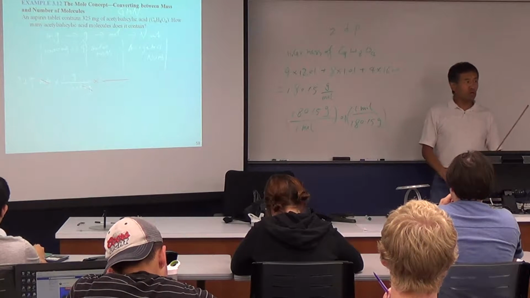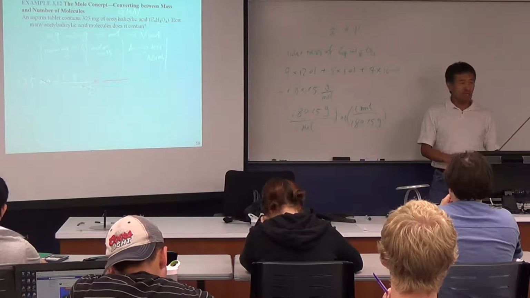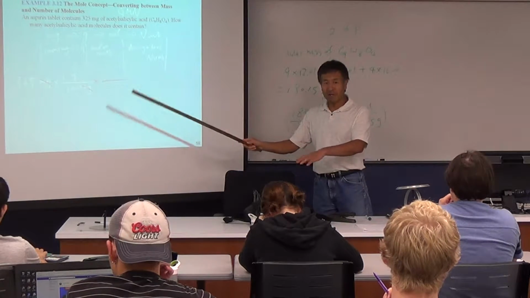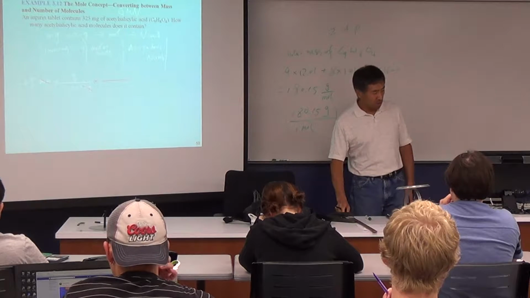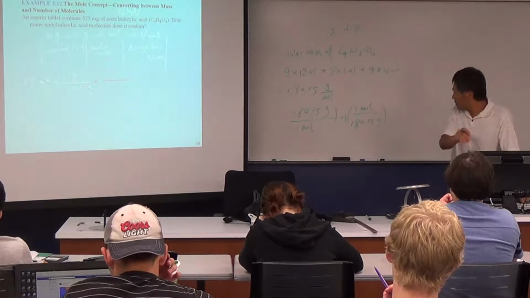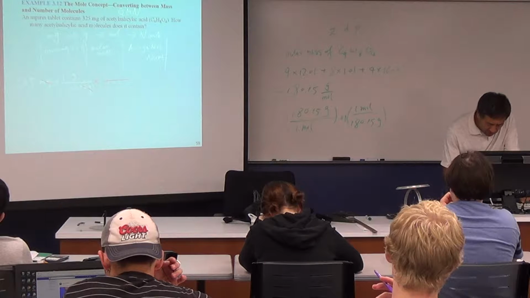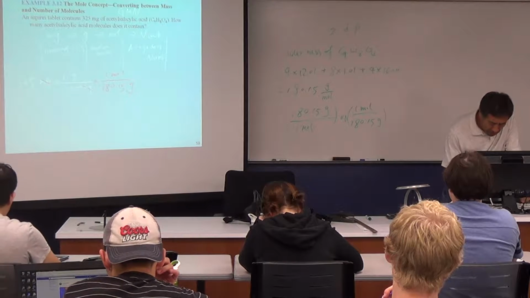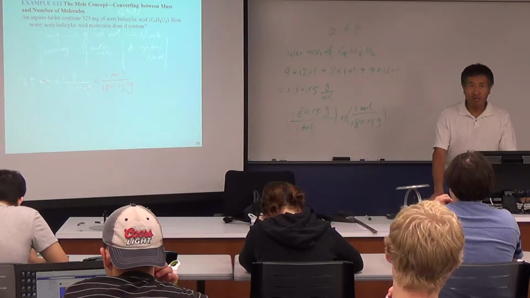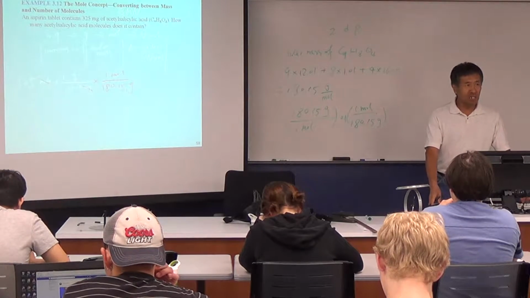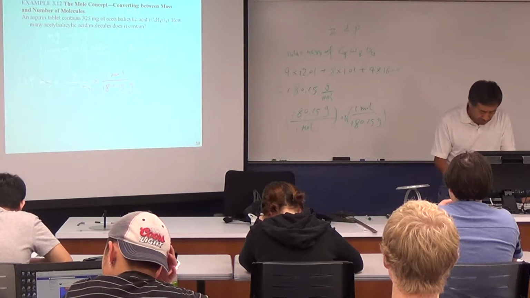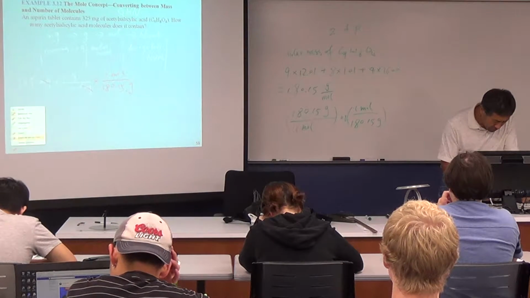Then both g are on the top, on the same side, which means we are multiplying and you cannot cancel out. So therefore, as Mike said, you will take this 180.15 g and 1 mole. That means you divide by 9 carbon plus 8 H plus 4 O, those numbers, which means the molar mass. Right? So let's see the calculations.